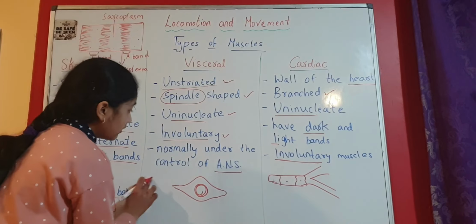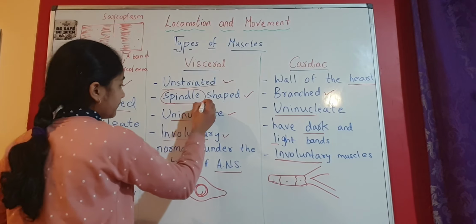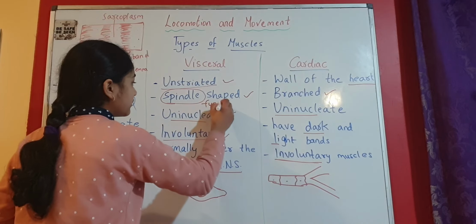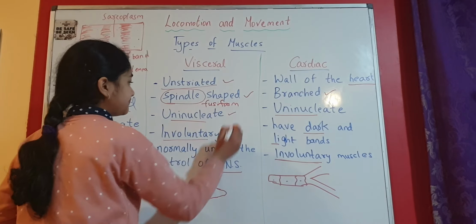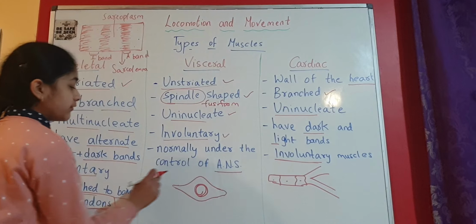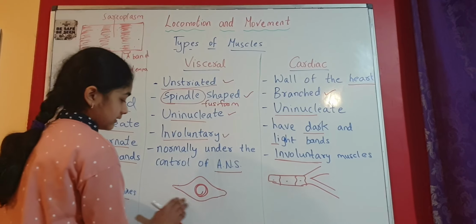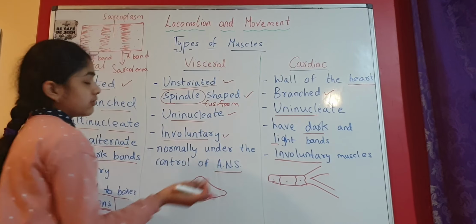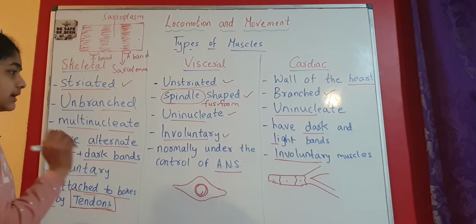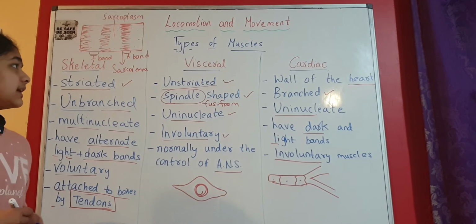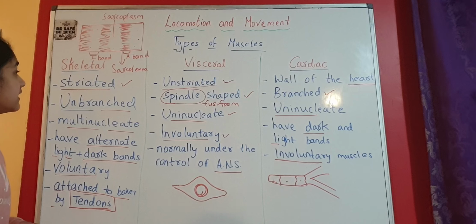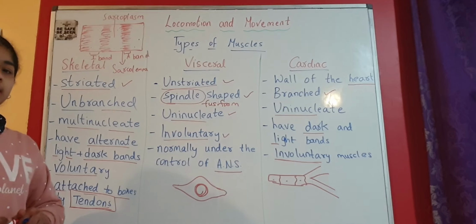They are spindle shaped or fusiform. You can also use the term fusiform shaped. So they are uninuclear. That means they have only one single nucleus. So these are the three different types of muscles: skeletal muscles, visceral muscles and cardiac muscles.